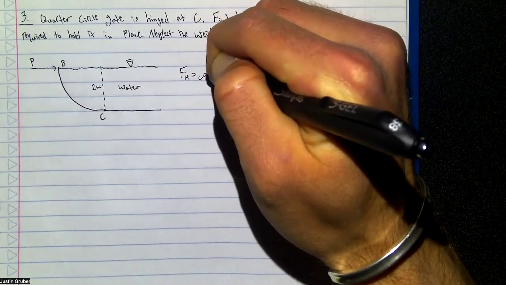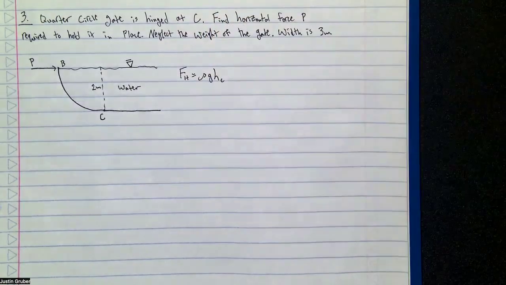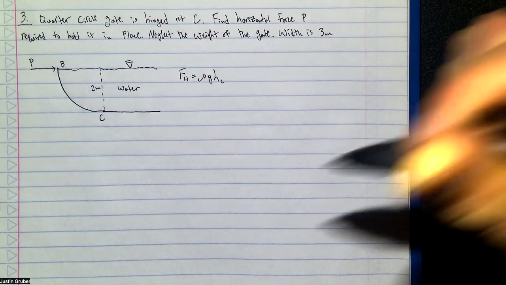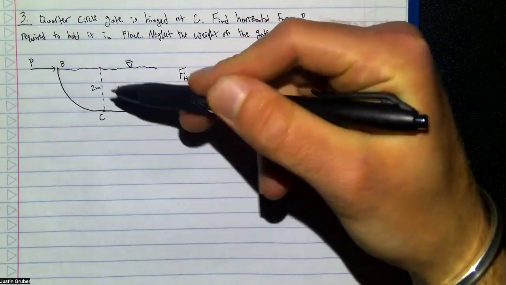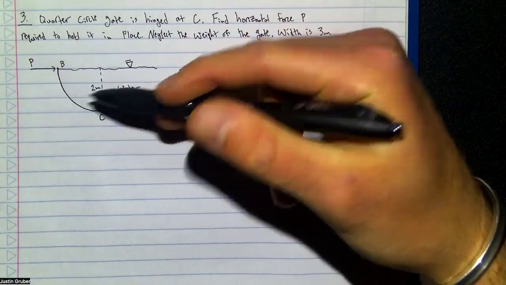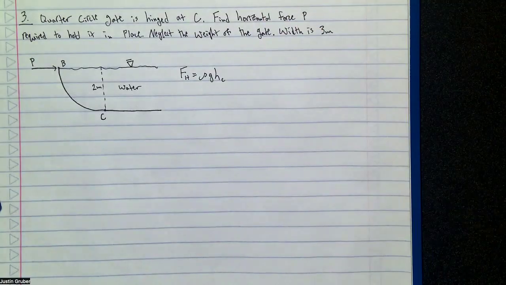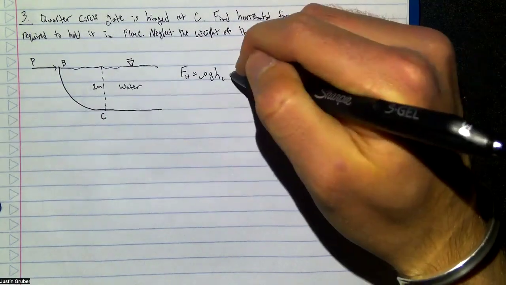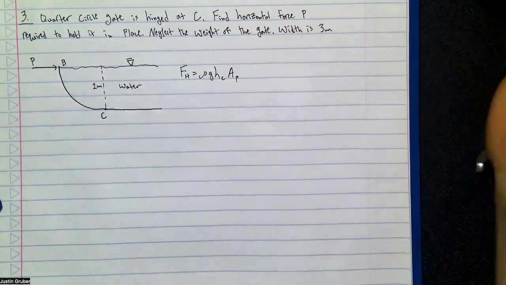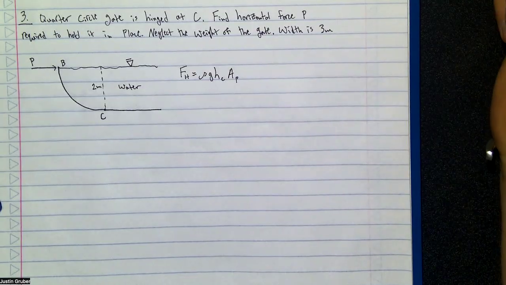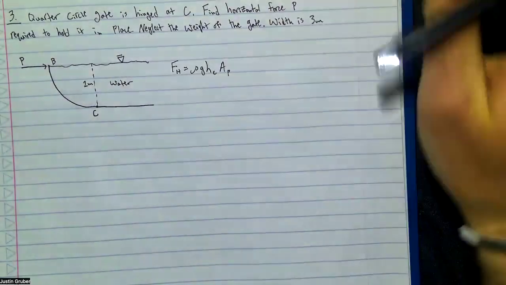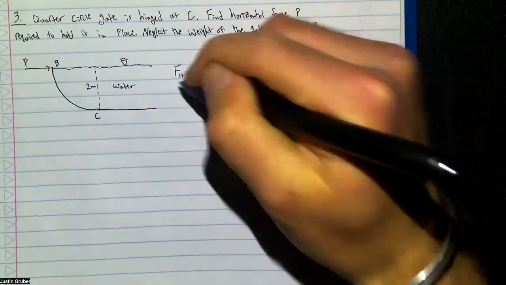FH is rho g times the height of the centroid of the projected area, right? In this case, the projected area that you're looking at horizontally is just a rectangle, so the height of the centroid will just be 1 meter, times the projected area, which again is just a rectangle, so the height times the width. So plug in the numbers.